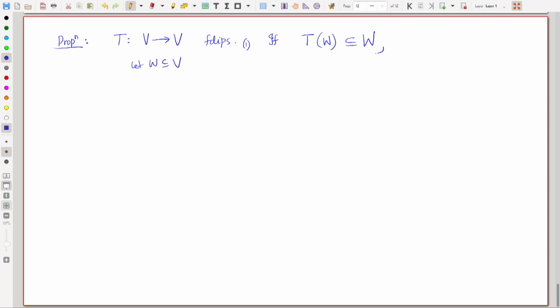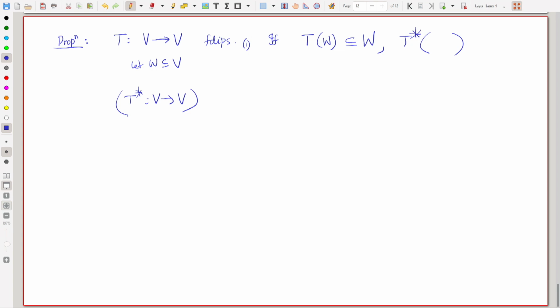I have a subspace which T maps to itself, then T star, the adjoint. Now observe the adjoint will also be a map from V to V, right, because if it is from V to W then it is W to V, but here both are V, so it is again a map from V to V.